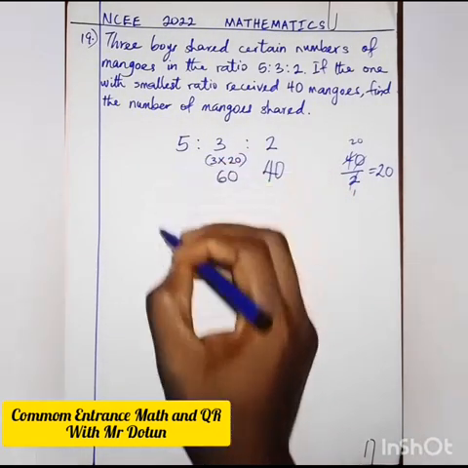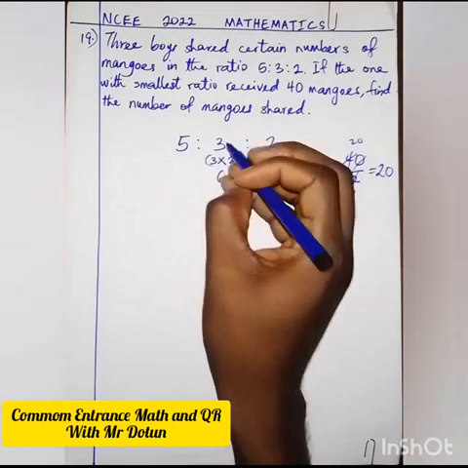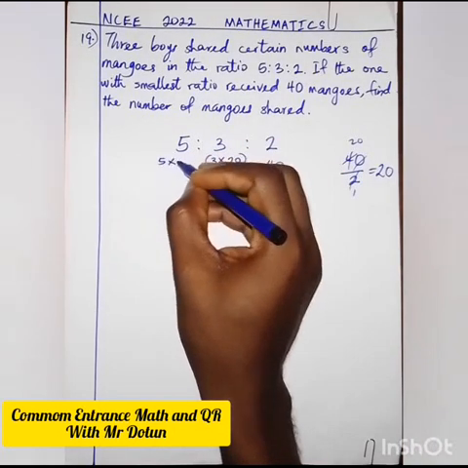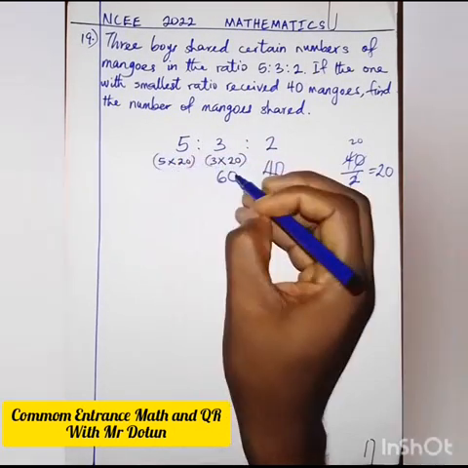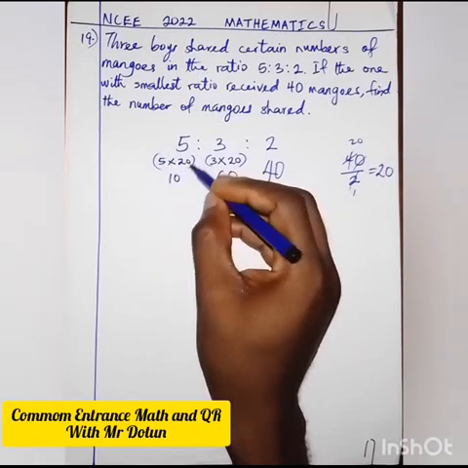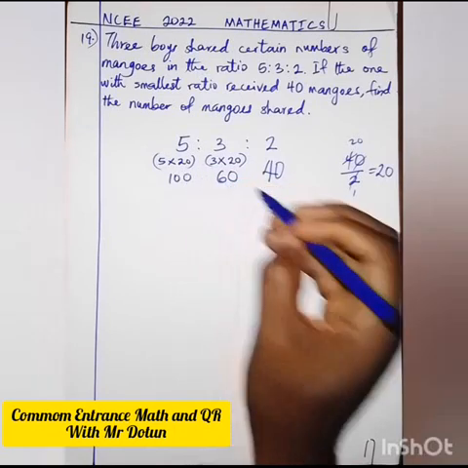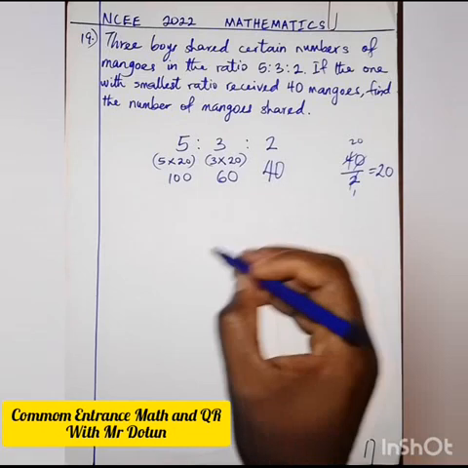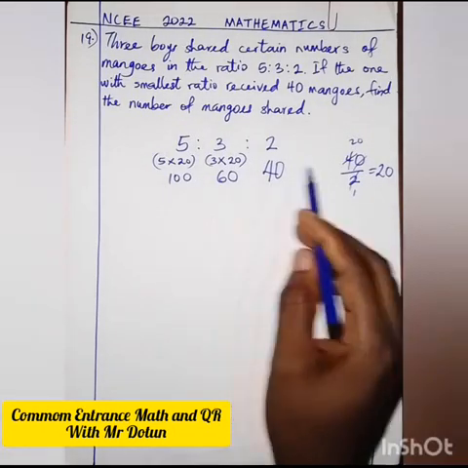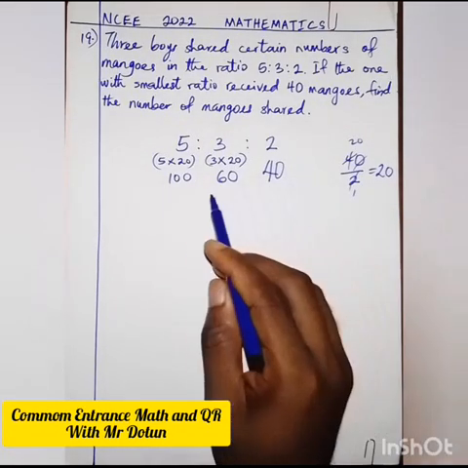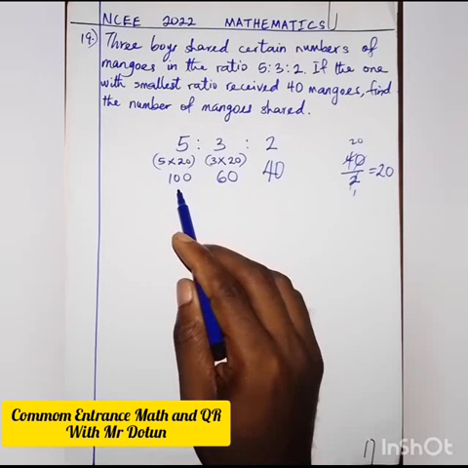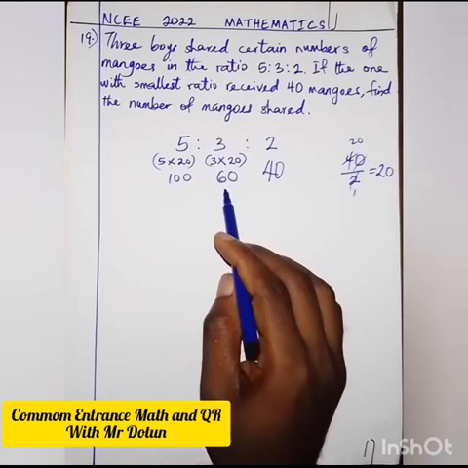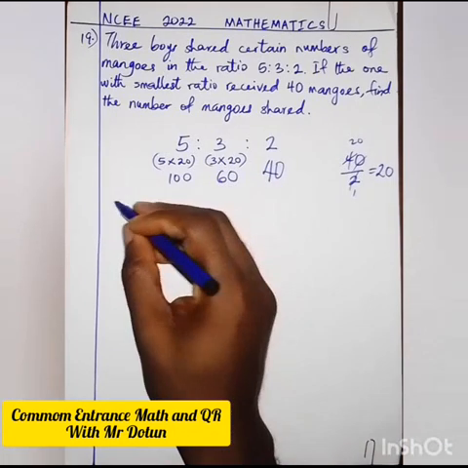For the person with ratio 5, we do 5 times 20. 5 times 2 is 10, 5 times 0 is 0, so that's 100. So for the three boys, the biggest one received 100 mangoes, the next 60, and the smallest 40 mangoes.